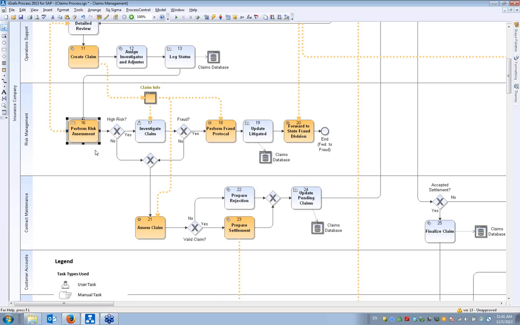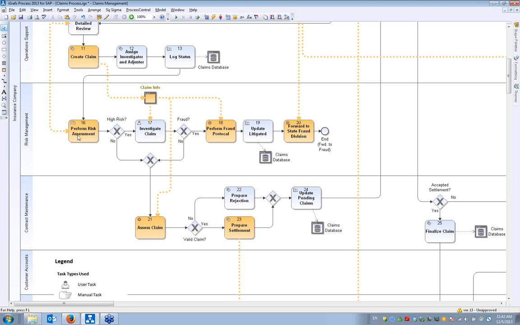At this particular step, the risk assessment, they're gathering a lot of information about the claimant and the claim, and perhaps there's not enough information to flag the specific claim for a fraud or that can be rejected immediately. But that information could be very valuable for contract maintenance.